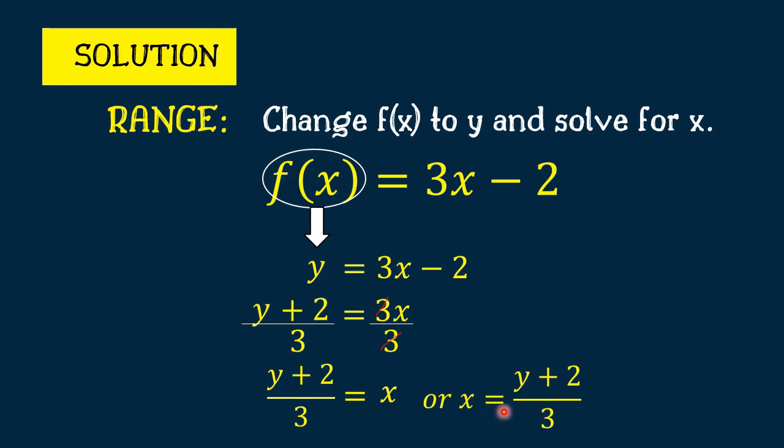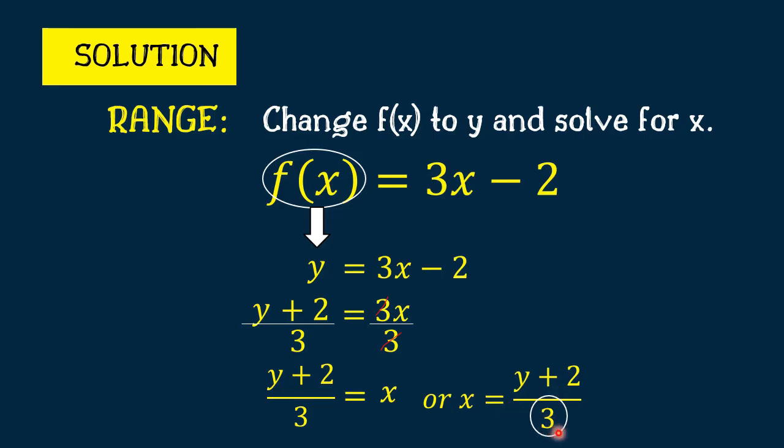Since we have now the value of x, we can find the range of our rational function. Since our denominator doesn't have a y value, since our positive 3 has no y with it, therefore, our rational function is not undefined in any value of y.